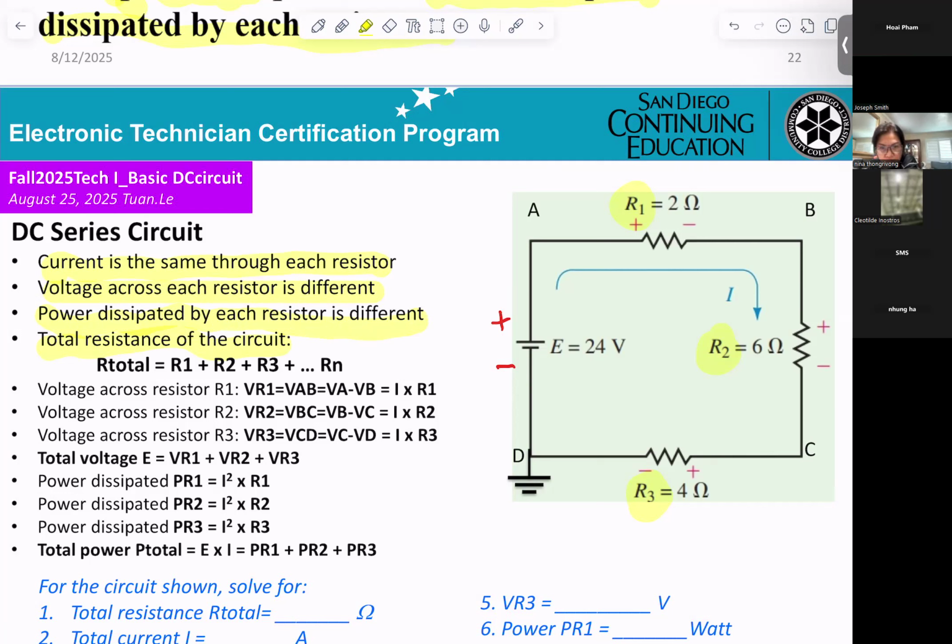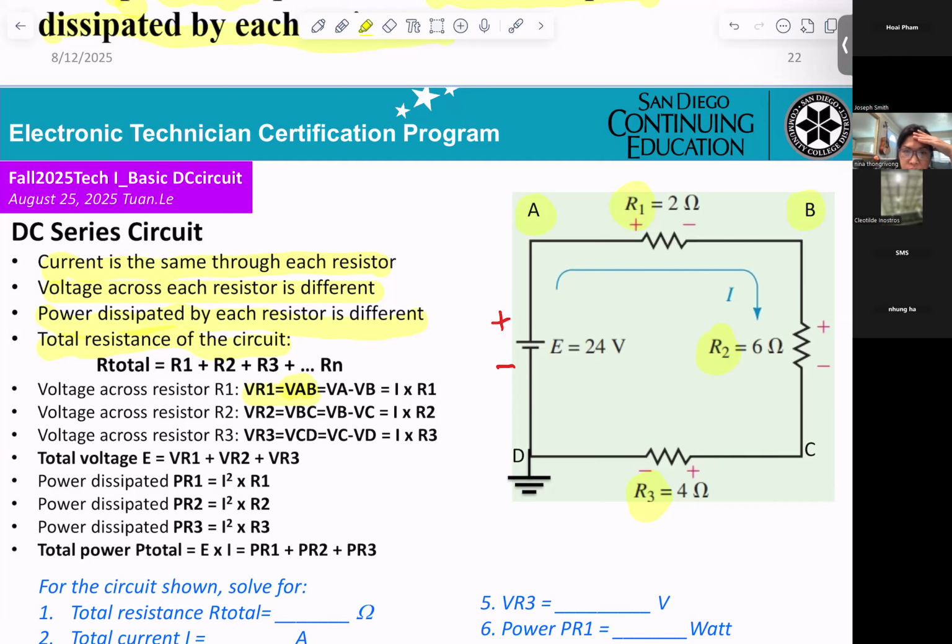And also they say the voltage across the resistor R1, VR1. We're talking about VR1 here. That means the voltage from A to B. So that's why they said VR1 equals VAB.